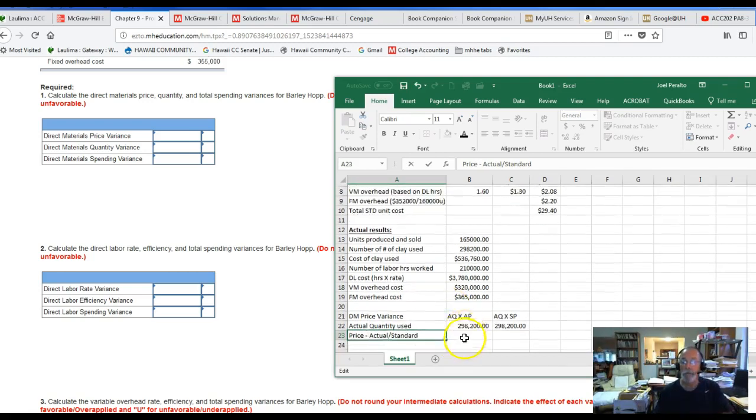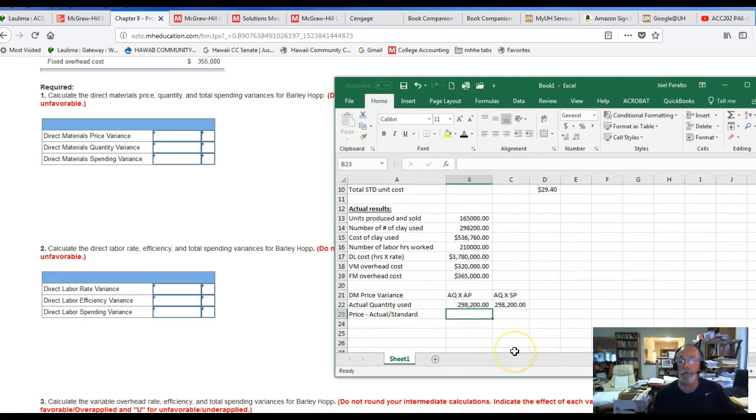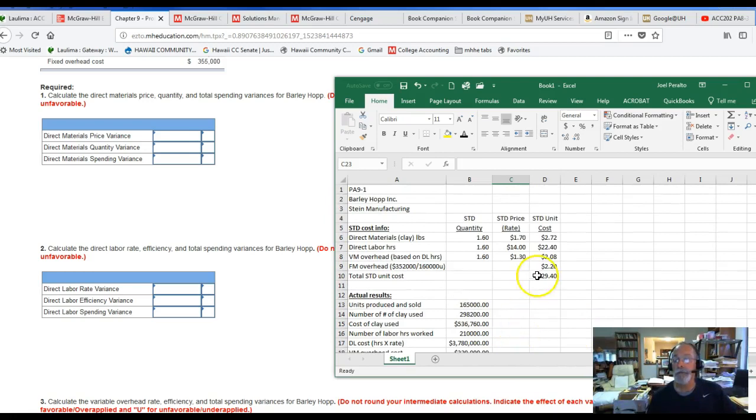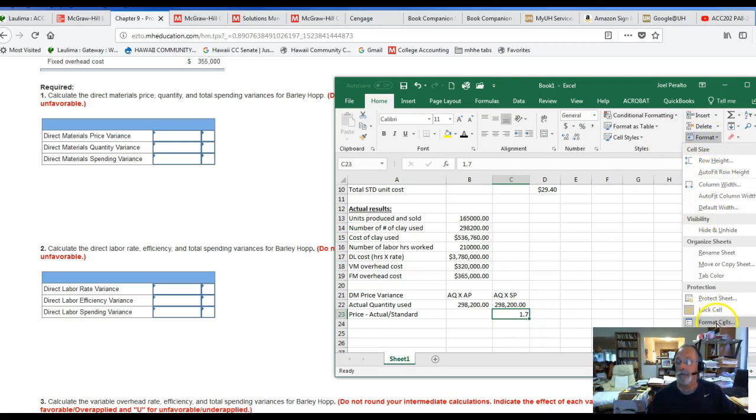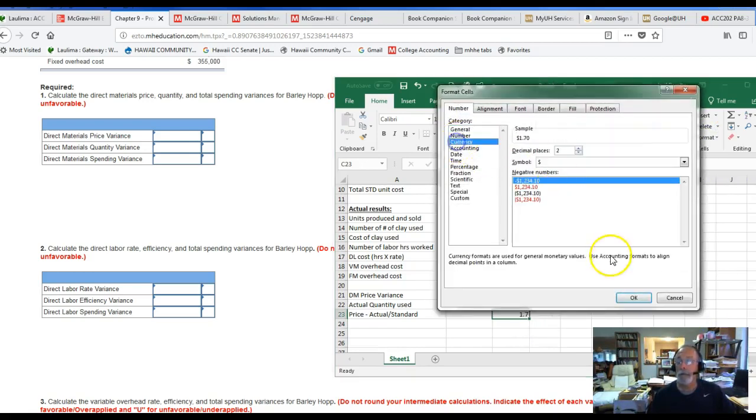Okay, so our actual price, let's get our standard price. Our standard price is $1.70. And this is a dollar amount, $1.70.